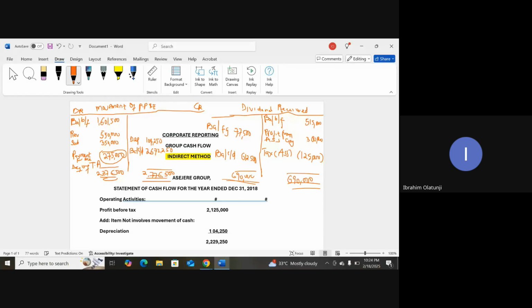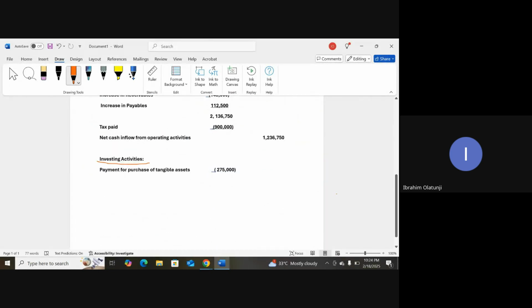So then you now come to your cash flow. This balancing figure is what you need. So you now come to your cash flow here and say dividend received from associate company, 77,500.